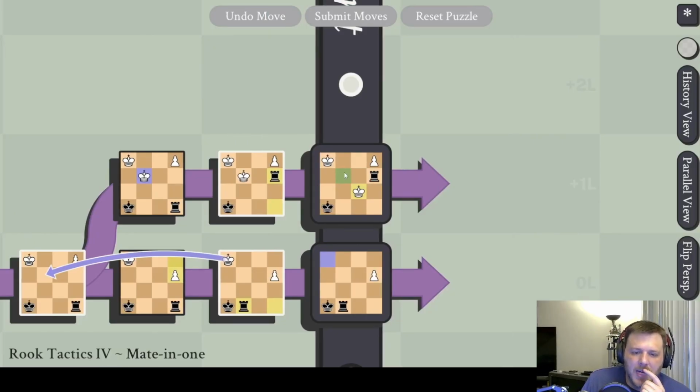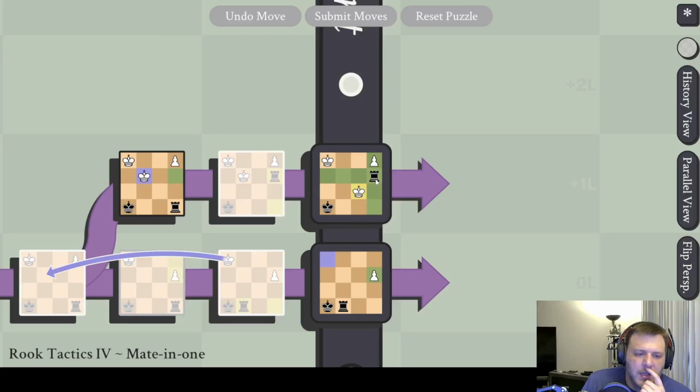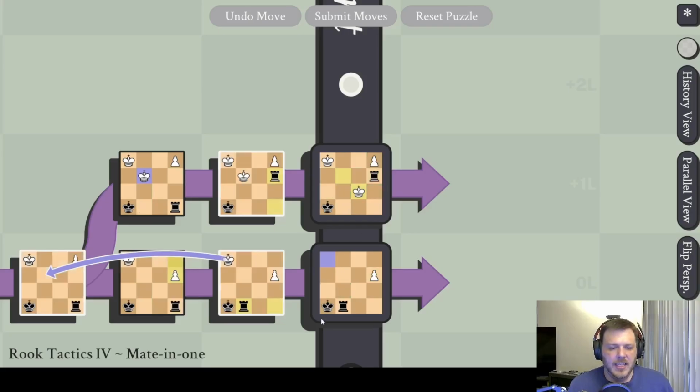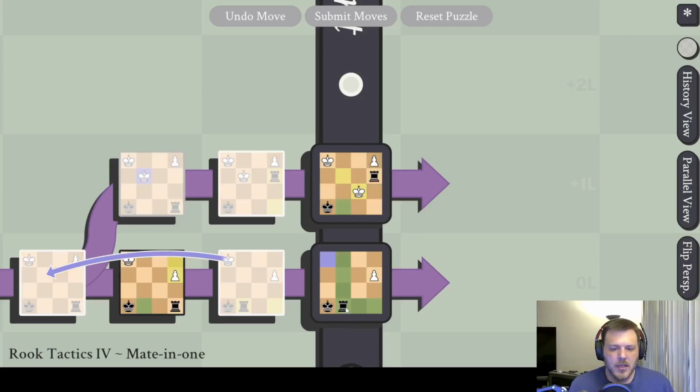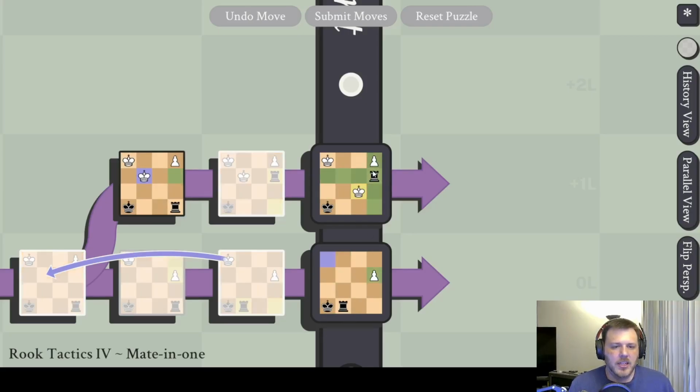Could be captured by either king there. Should I jump backwards in time? But how does jumping backwards in time create a checkmate situation?